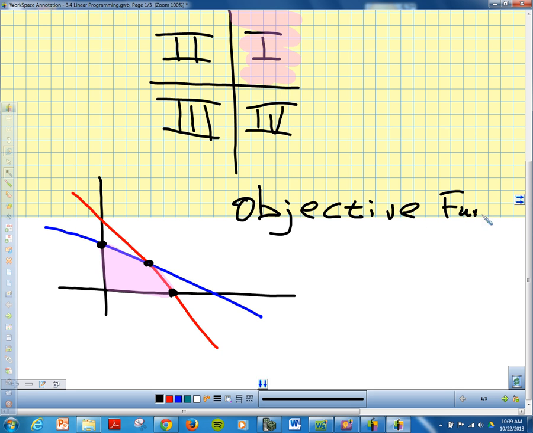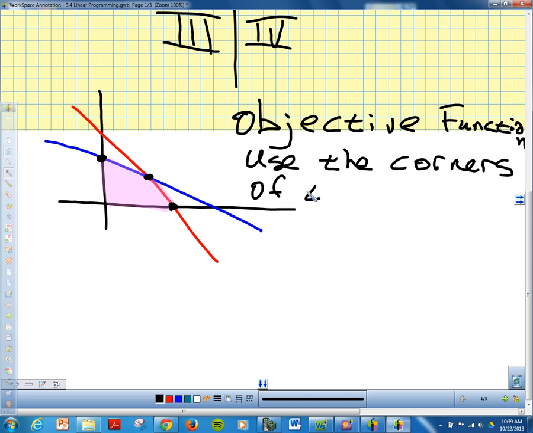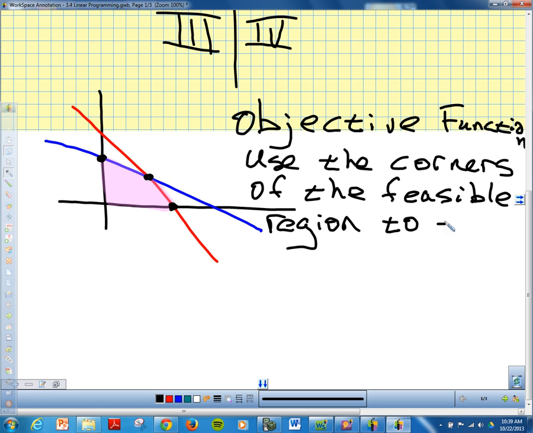Objective function will use the corners of the feasible region to either maximize or minimize.